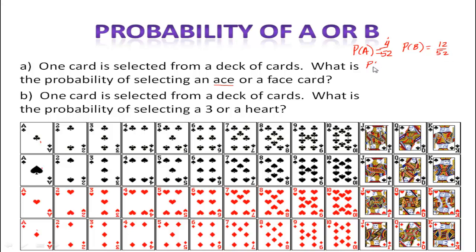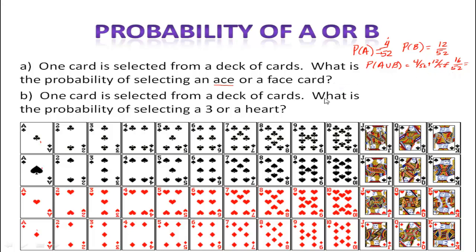So the probability of A or B is equal to 4 out of 52 plus 12 out of 52, which is 16 out of 52. And you can reduce this or use your calculator to find the decimal approximation. Okay, and I'll leave that up to you.